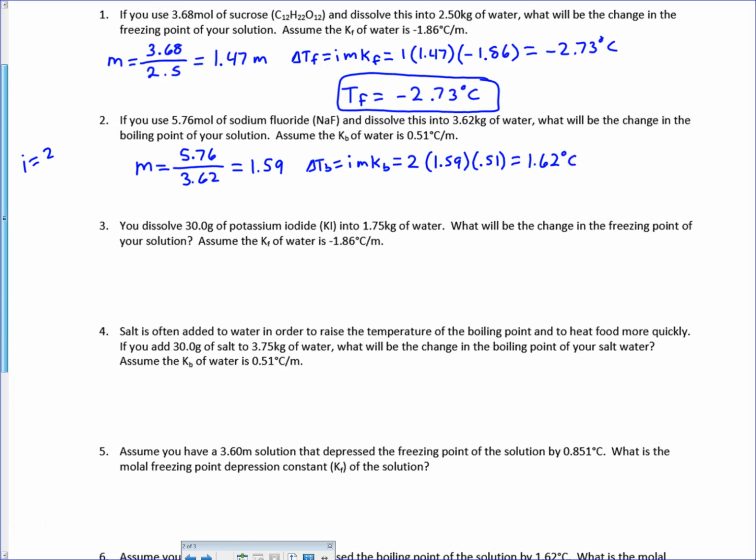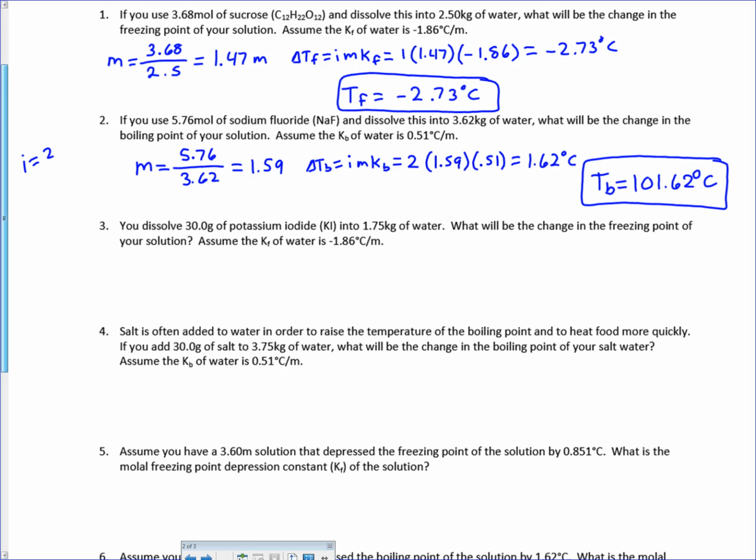Now this is the change in temperature. Our normal boiling temperature is 100. So here, our temperature for boiling is going to equal 101.62. So normally it's 100. It changes by 1.62. So we end up with 101.62. It's going to go up by 1.62 degrees Celsius from the normal.